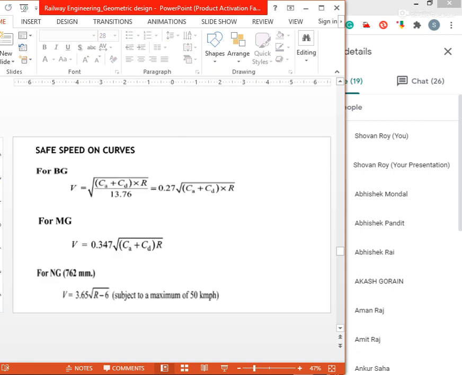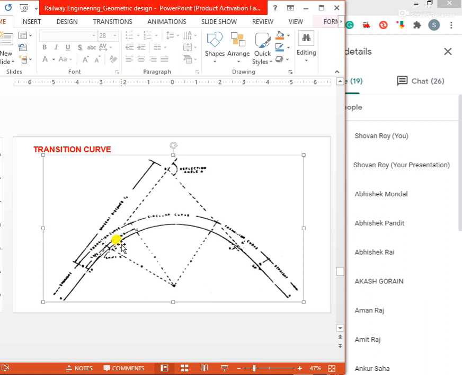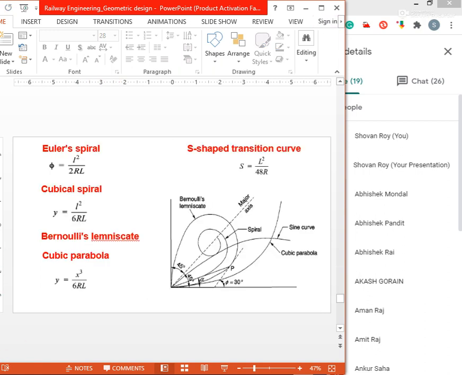If we take a magnified view of this joining portion, we can see the figure like that.